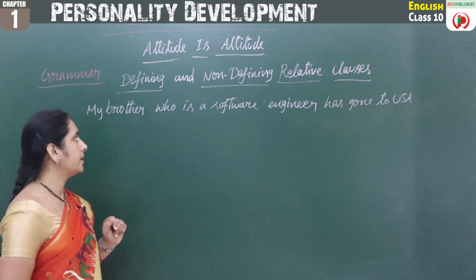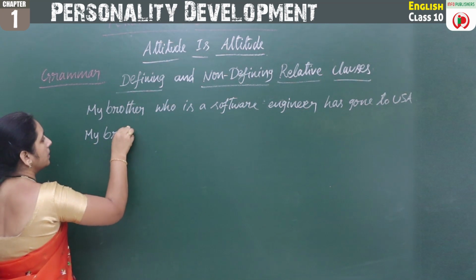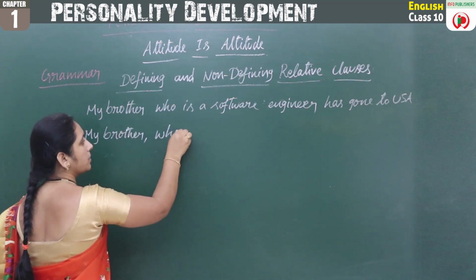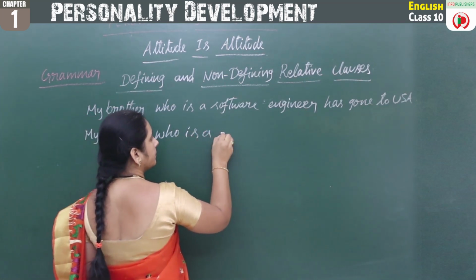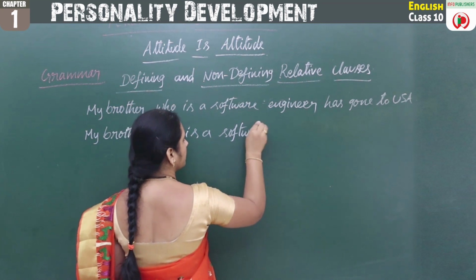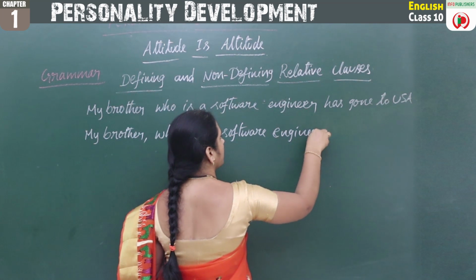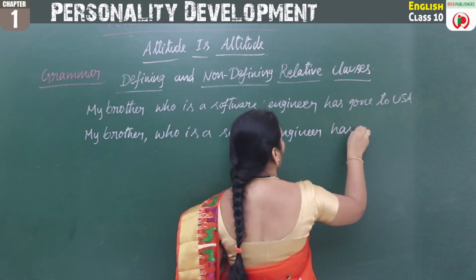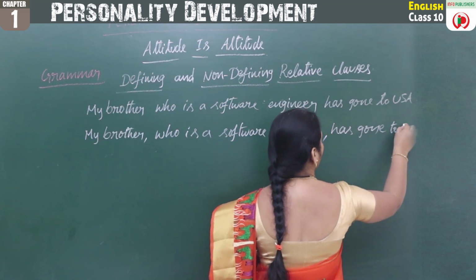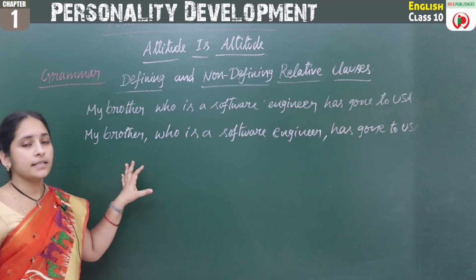So this is one sentence. Same sentence I am writing: my brother, who is a software engineer, has gone to USA. So here two sentences, if you see.